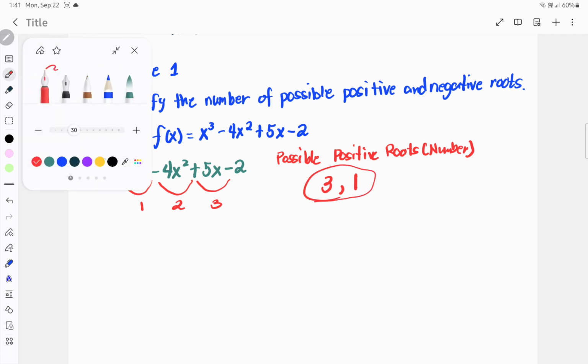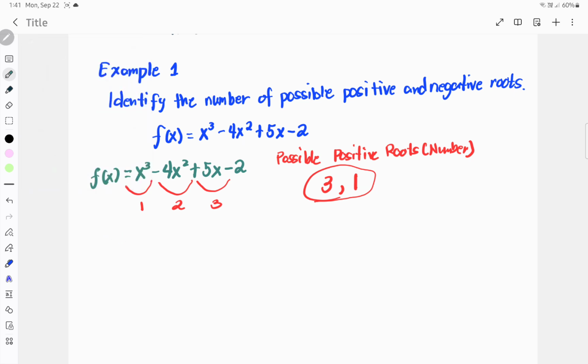Now let's go with the other one, which is the possible negative roots. From the original function, you have that f of x is equal to x cubed minus 4x squared plus 5x minus 2. You can now change the sign. We need to count now.